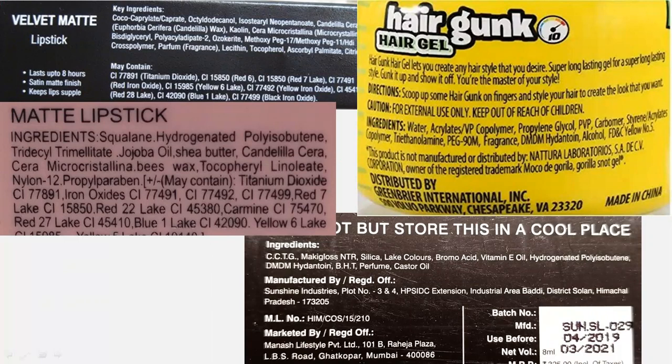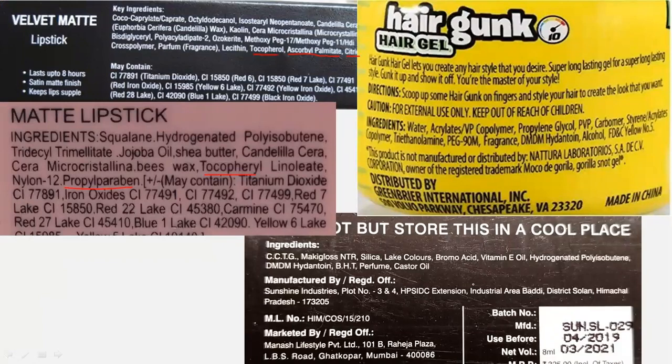If you see one of the lipstick in which ascorbyl palmitate, which is a salt form of ascorbic acid, and there is citric acid also present in it, and tocopherol. So all these three ingredients belong to preservative category. Another lipstick brand in which tocopherol is present in the form of its salt form. Propyl paraben is another preservative that has been used.